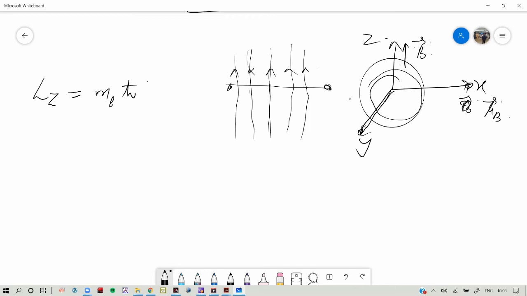It has different values in the external magnetic field because the dipole will interact with the external magnetic field, and that external magnetic field will try to align this dipole in its direction.